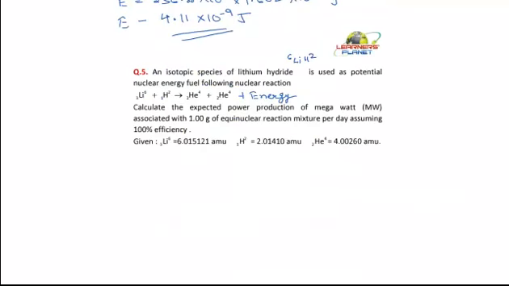Let's move back to our question. I'll summarize this once more. What is asked? We have the isotopic species of lithium hydride, and it is converted and is used as a potential nuclear energy fuel. What is expected? The expected megawatt production associated with 1 gram of the nuclear mixture consumed per day.